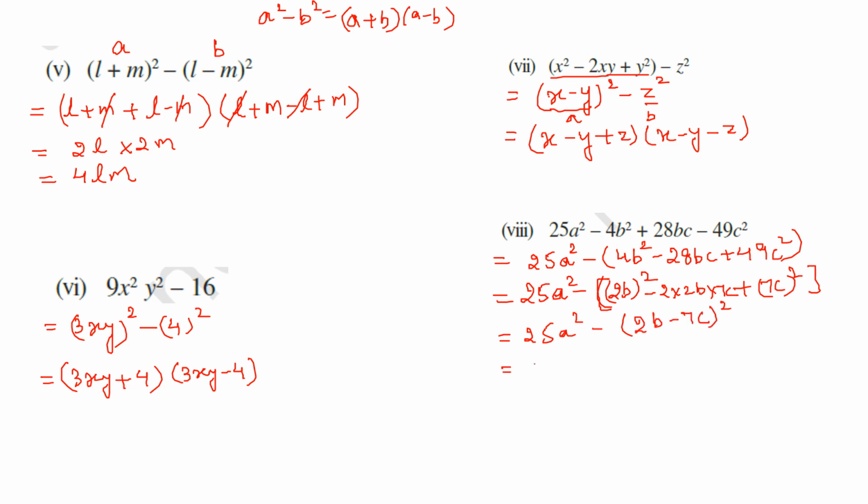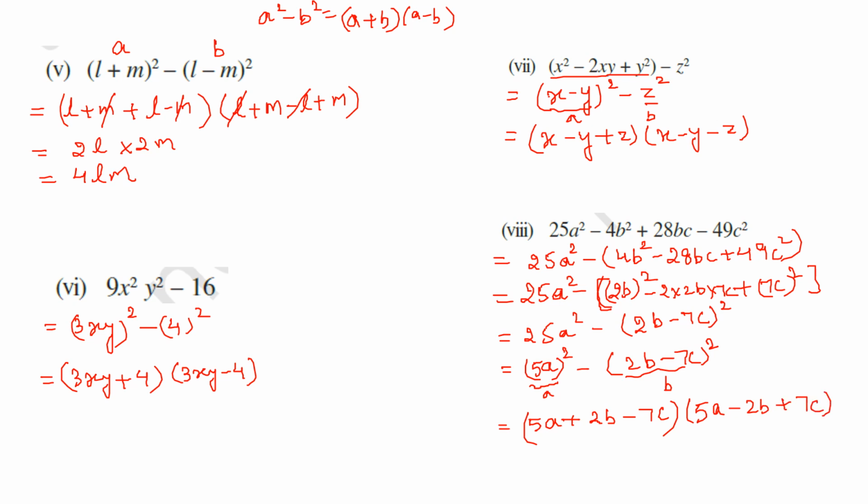And 25A square I can write it as 5A whole square minus 2B minus 7C whole square. Now again it is in the form of A square minus B square. This is your A and this is your B. So you have to write A plus B. So it is 5A plus 2B minus 7C and then A minus B. So 5A minus 2B plus 7C. So this is your required factorization.